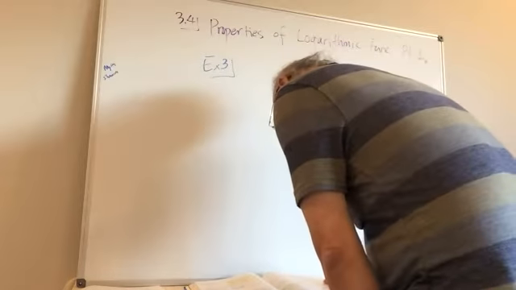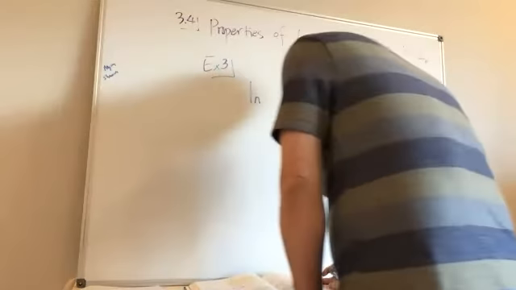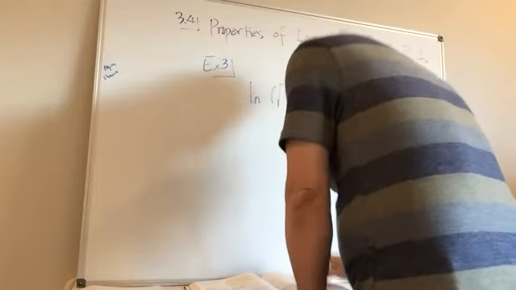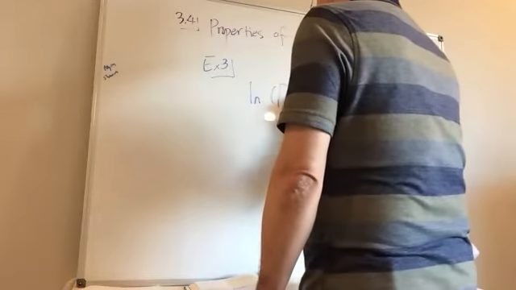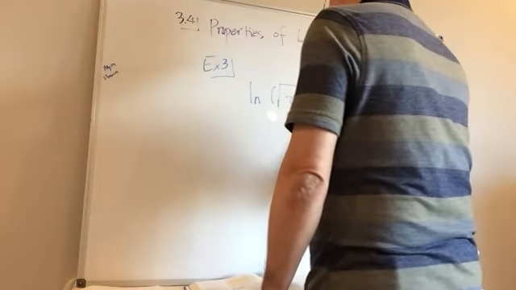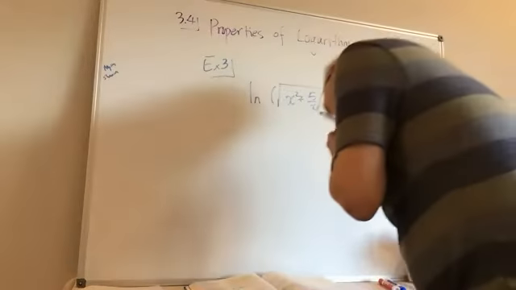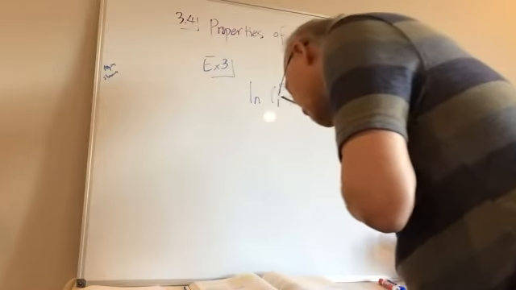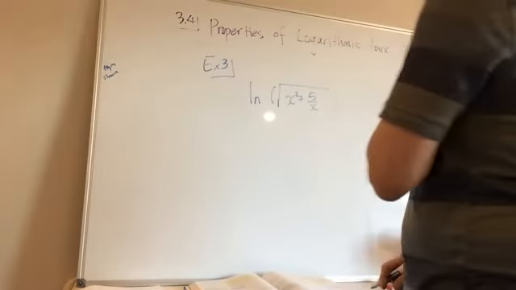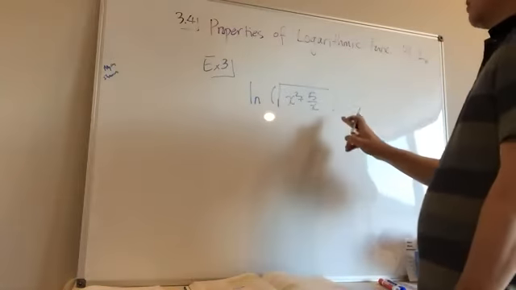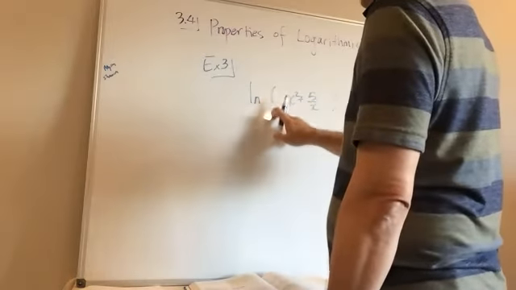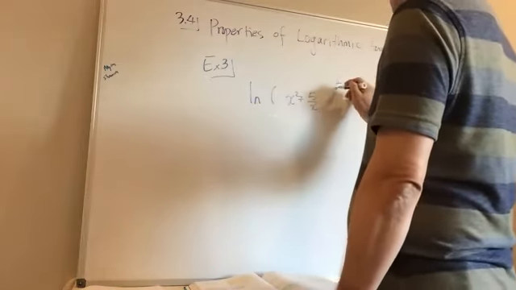So we want to rewrite natural log of the square root of x squared plus 5, over x, as a sum or difference of logarithms or multiples of logarithms.